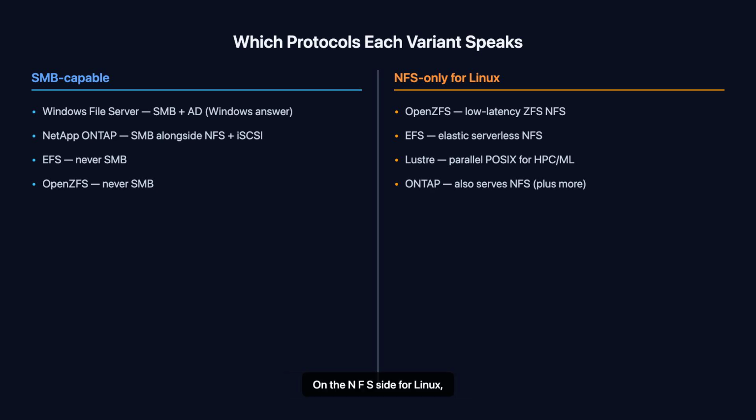On the NFS side for Linux, OpenZFS gives you low latency ZFS. EFS gives you elastic serverless scaling. Lustre gives you parallel POSIX for computing. And ONTAP serves NFS too. So if a question hinges on the word SMB, your candidates shrink to just Windows and ONTAP immediately.